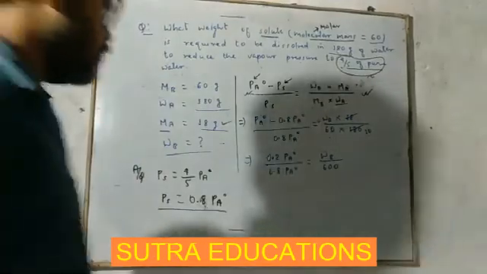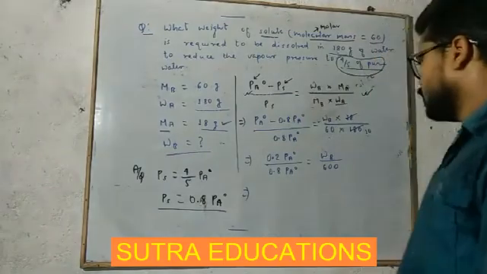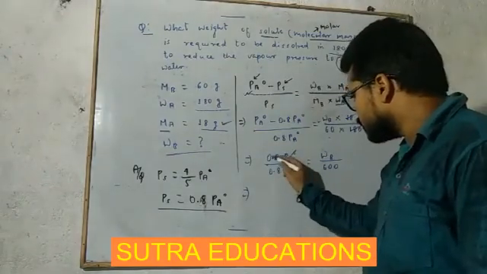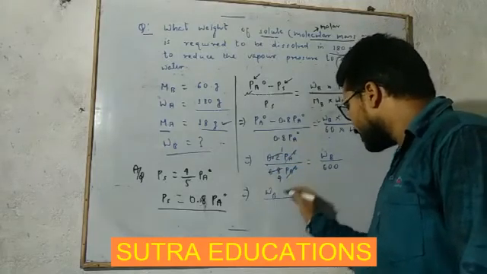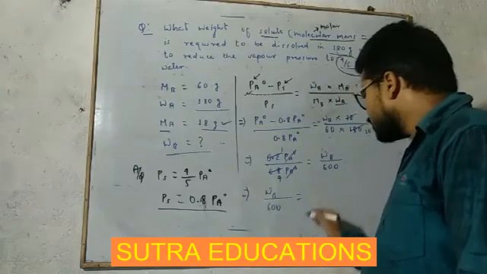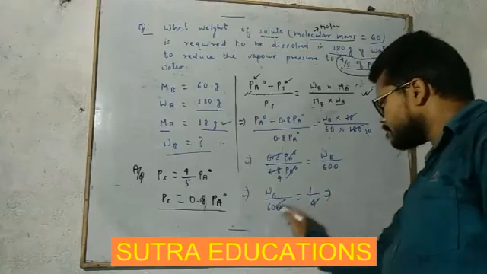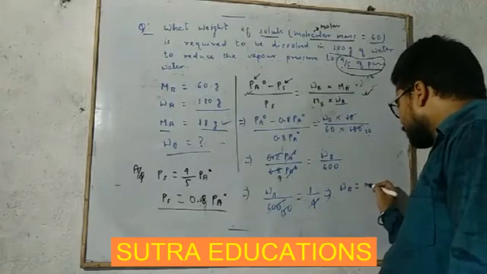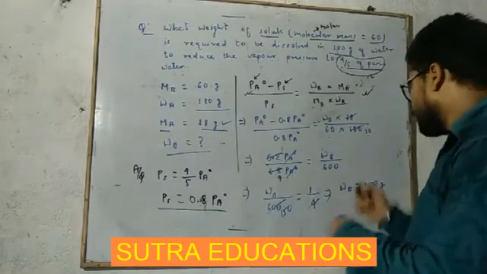The PA0 got cancelled. This is 1 by 4, so WB upon 600 is equal to 1 by 4. From here, WB is equal to 150 gram. So it is the answer.